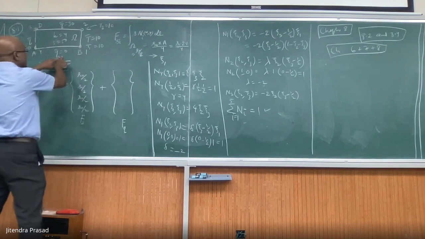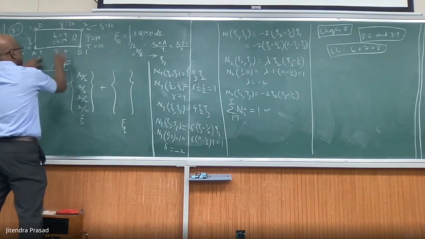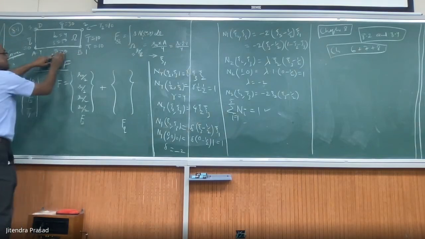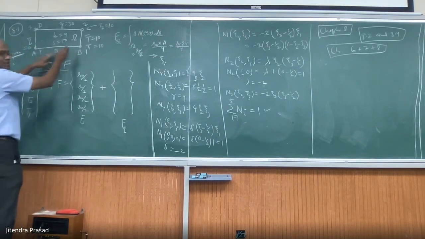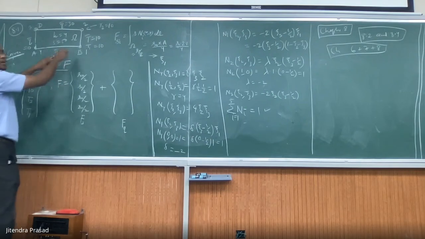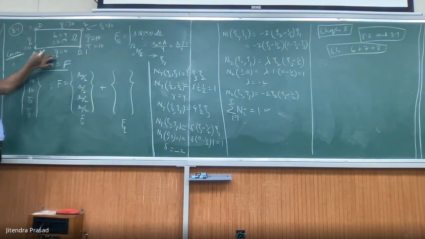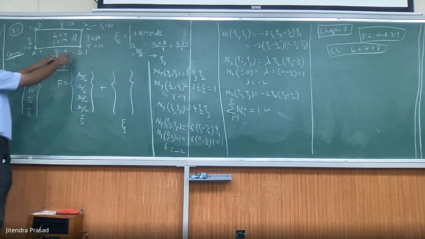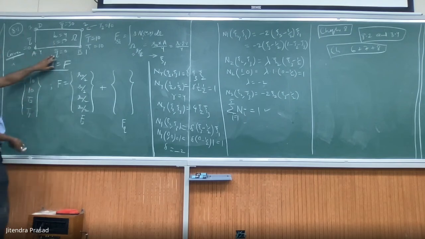So due to this, between 0 and 4, this is going to be distributed between this and this. It is like a distributed force, a distributed heat loss. It will be 0 divided into 2 parts, nodes 1 and 4. It will be 0 and 0 only.